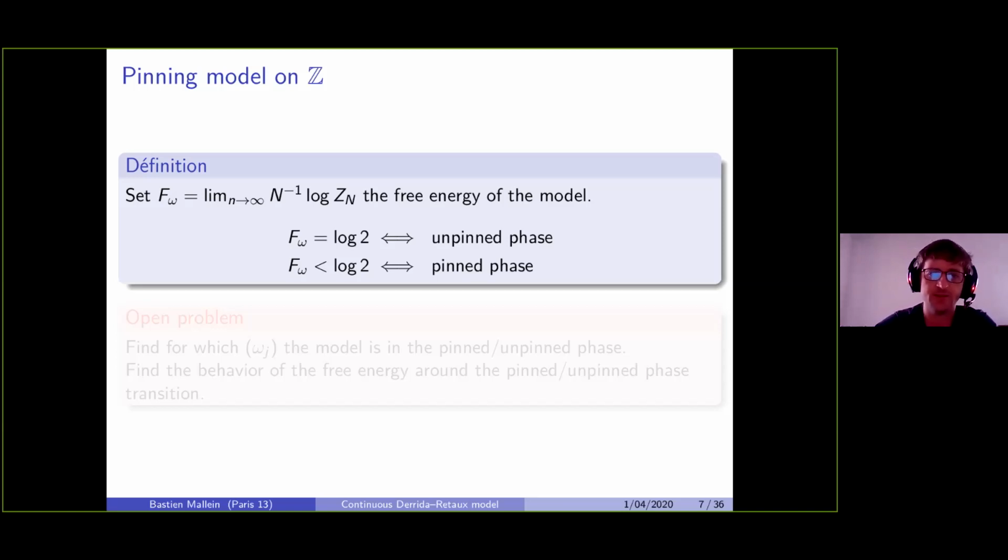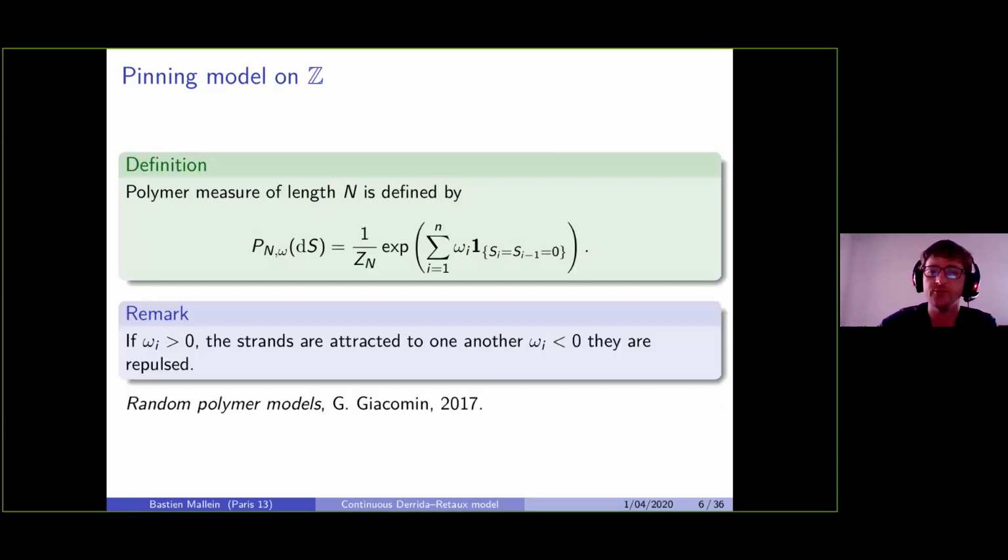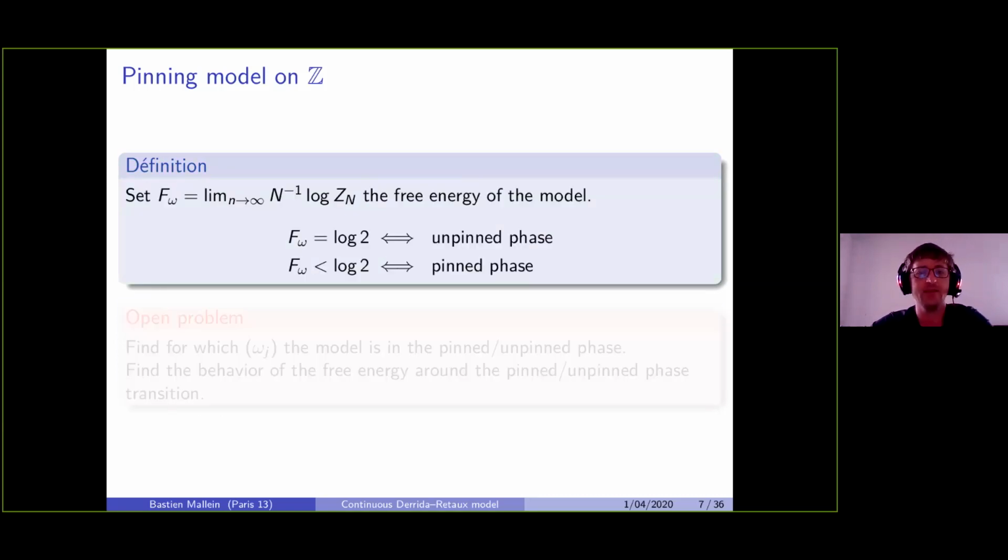The difference in behavior can be seen by studying the free energy of the model. The free energy is the limit of the exponential growth rate of Z_n, the normalizing constant in the polymer measure. And if this free energy is equal to log 2, then you expect to be in the unpinned phase.